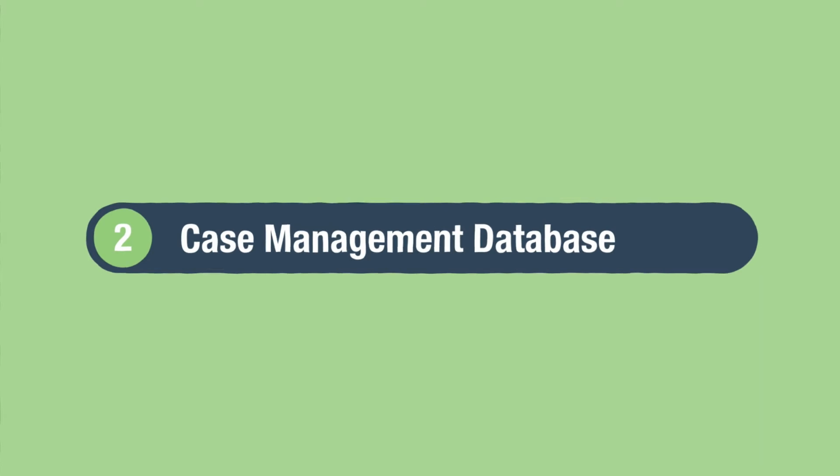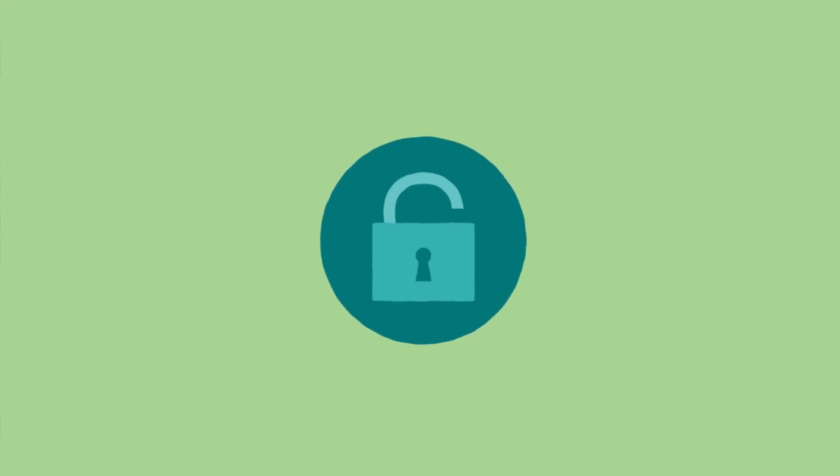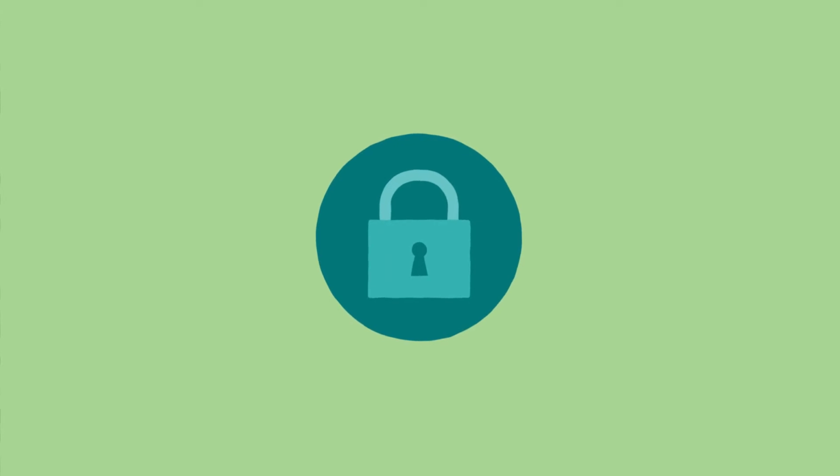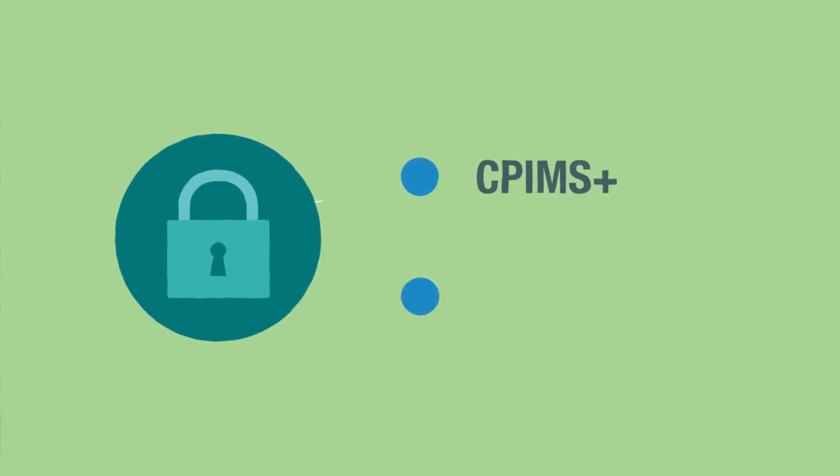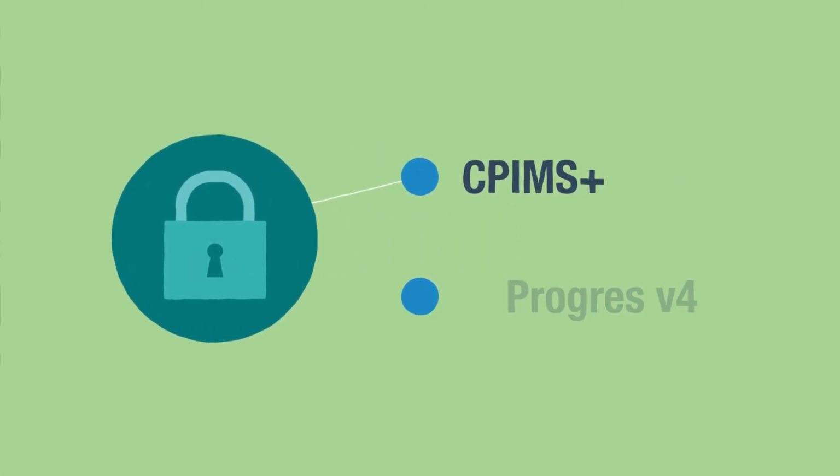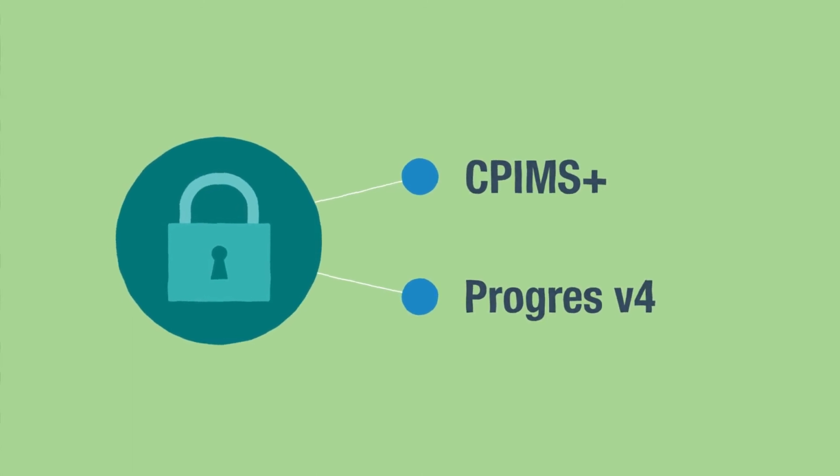Case Management Database. In order to track case data, it's important for child protection agencies to maintain a confidential database such as CPIMS Plus or Progress version 4.